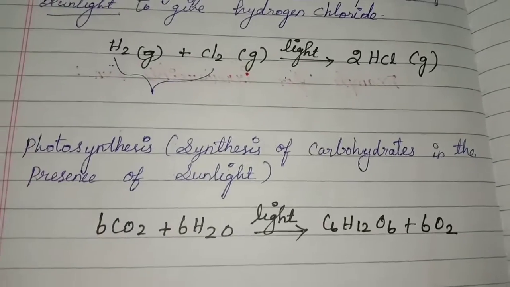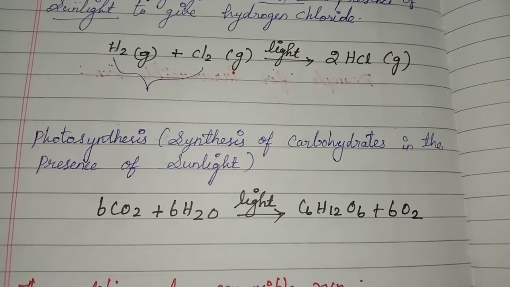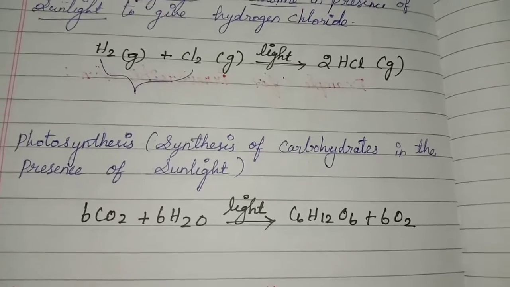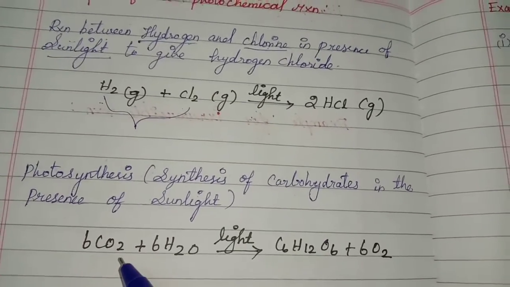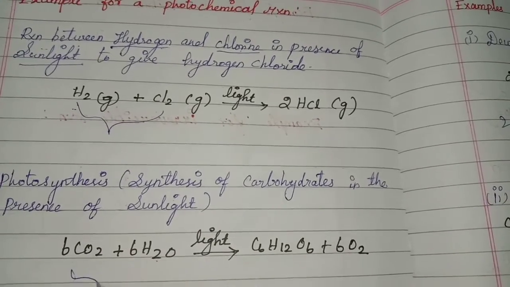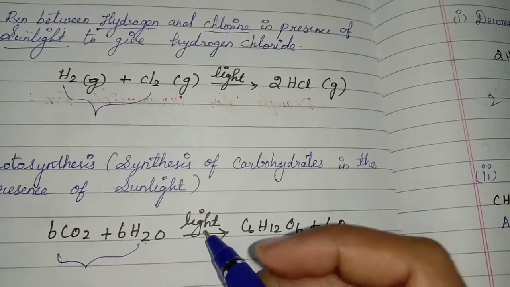Okay. Second one, photosynthesis. Synthesis of carbohydrates in the presence of sunlight. Now see, carbon dioxide we are taking, 6CO2, plus water molecules, and these two mix with each other. Then it is exposed to sunlight. Then what do we get?